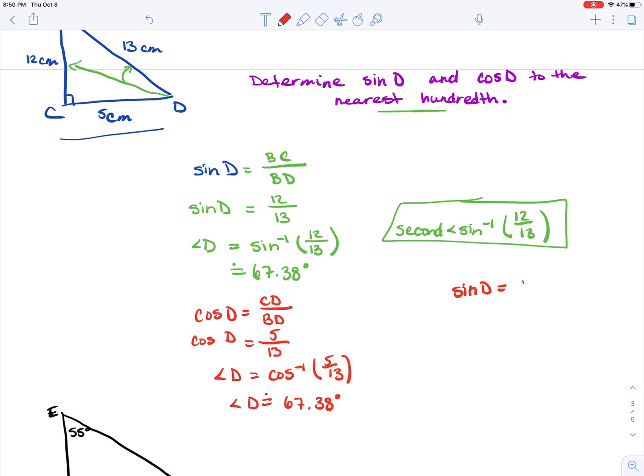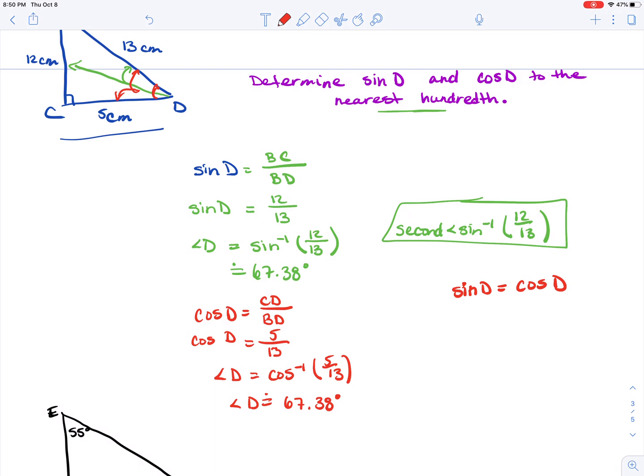Well, hold up a second. Sine D equals cosine D. Should that be the case, where my adjacent divided by hypotenuse gives the same angle as my opposite divided by hypotenuse? The answer is yes, because we're looking at angle D. The side lengths don't change the angle.